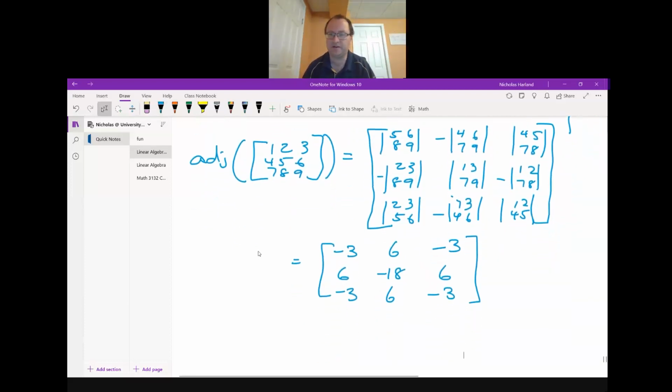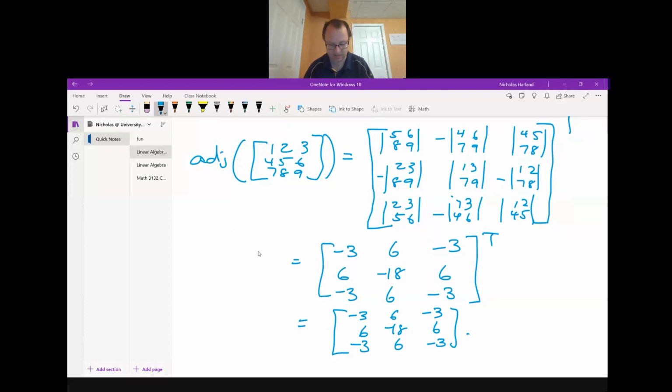But we get this right here. That's that transposed. Now this just happened to be a symmetric matrix. In general, that's unlikely. And there we go. So this is our adjoint and how we can compute it.